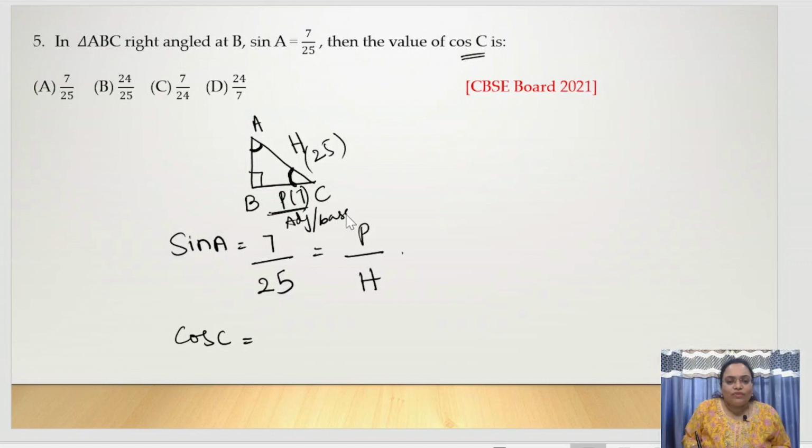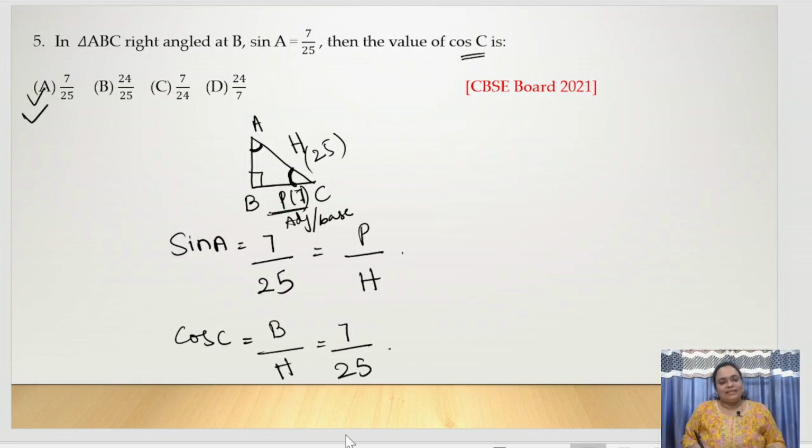We already know this is 7 and hypotenuse is 25, because cos C is nothing but base by hypotenuse. So cos C value is 7 by 25. A is the answer.